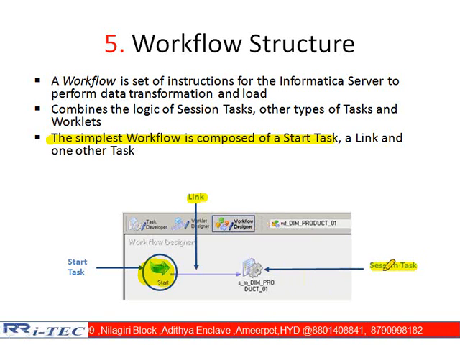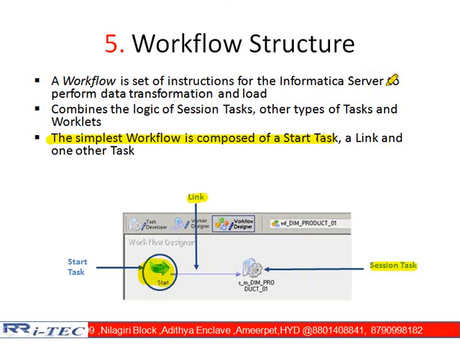So a workflow means what, sir? Three objects are always there. Number 1 is the start task, then link task, then session task. This is the simplest workflow. You may have n number of tasks down the line, but here we are taking only the simplest one. Perfectly, we understand how one workflow structure will be.